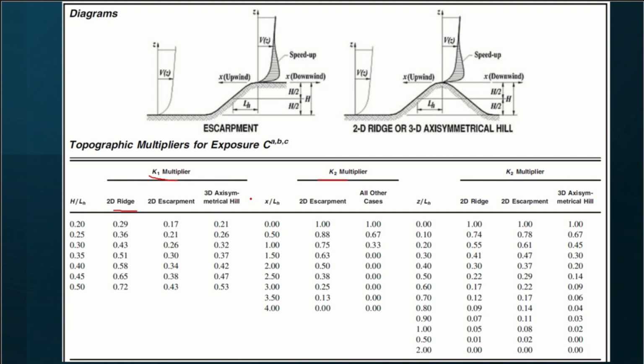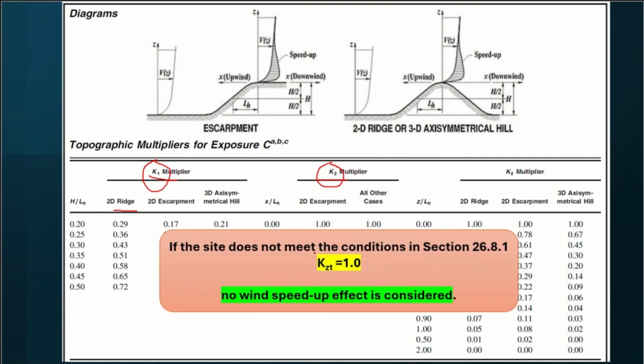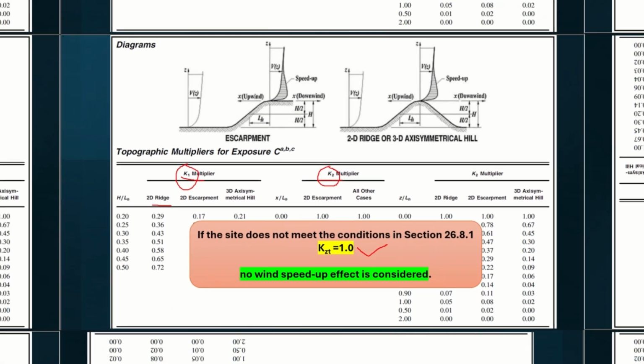If you satisfy the conditions, you can use these K1, K2, K3 values. Otherwise, your Kzt value is 1. If the site does not meet the conditions mentioned in 26.8.1, your Kzt value is 1, which means no wind speed-up effect is considered. This is all about the topographic factor, guys.